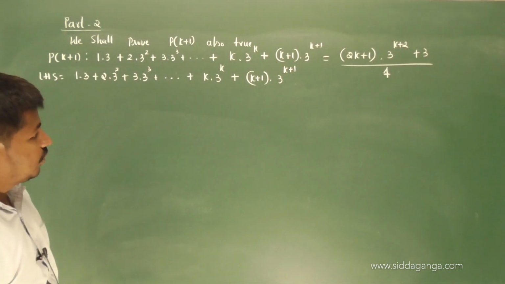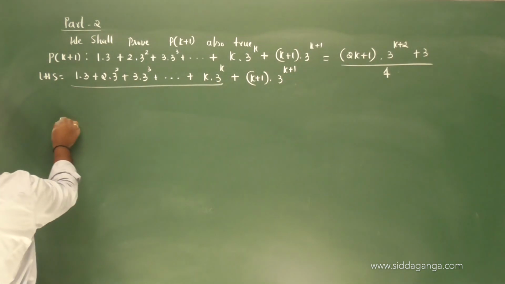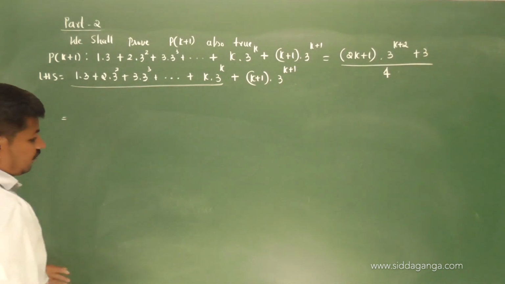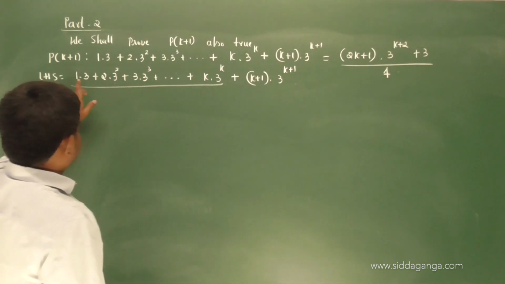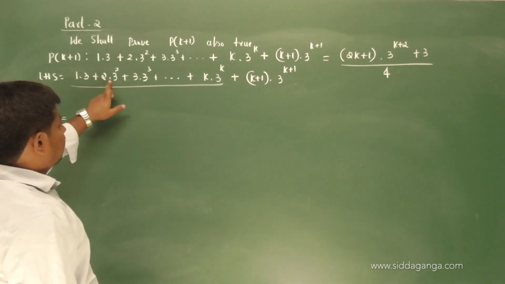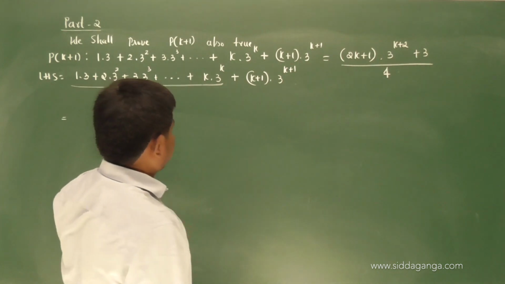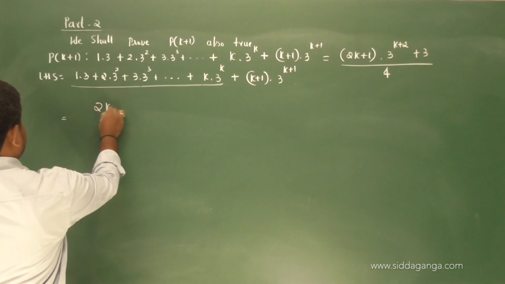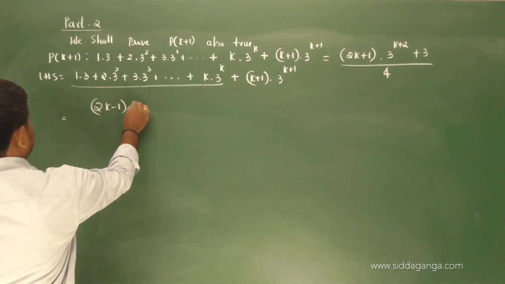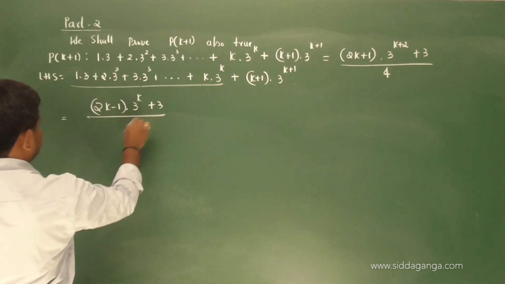Using this LHS you do RHS. So from the equation 1 we have, sorry I rubbed this. From the equation 1, the value of 1 into 3 plus 2 into 3 square plus 3 into 3 cube and so on till k into 3 power of k is what? 2k minus 1 into 3 power of k plus 3 by 4, right, from the equation 1.